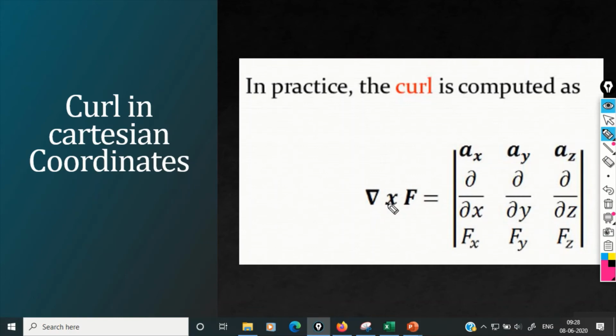Now observe here, they have used the notation capital F in bold. What does this bold indicate? It is a vector. Similarly, ax cap, ay cap, az cap are represented in bold, so it indicates they are vectors. And here it is Fx, Fy, Fz. It is not bold. It indicates the magnitudes.